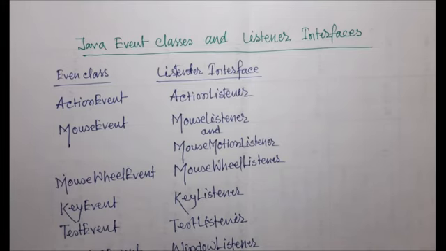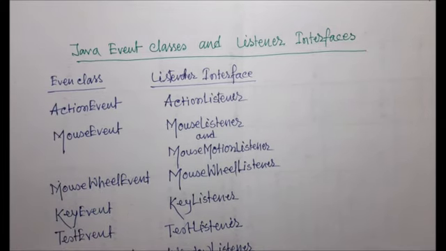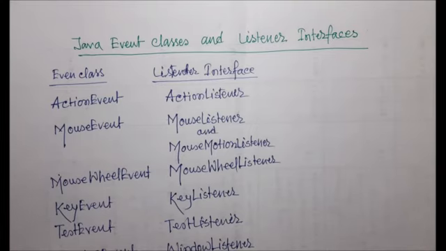When an event occurs, which event class it belongs to I have written on the left-hand side, and what kind of listener is going to listen to that kind of event I have written on the right-hand side. It doesn't mean that only one event is listened to by only one listener.